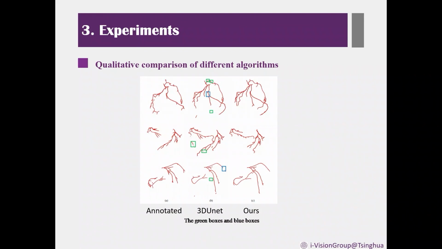The green boxes and the blue boxes respectively reflect the improvement of noise separation and fracture connection capabilities of our proposed method by using synthetic data. As we can see, our approach performs better in avoiding noise and fracture on the centerlines. So it can deal with stenosis and plaque that may exist on CT images.